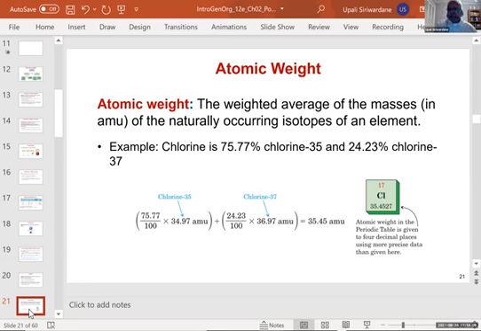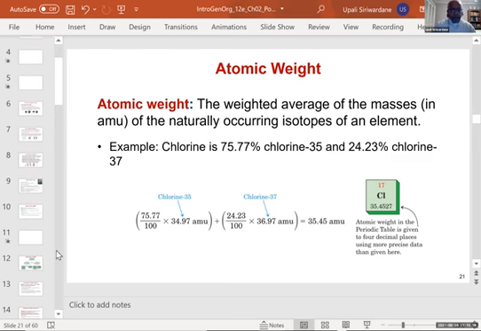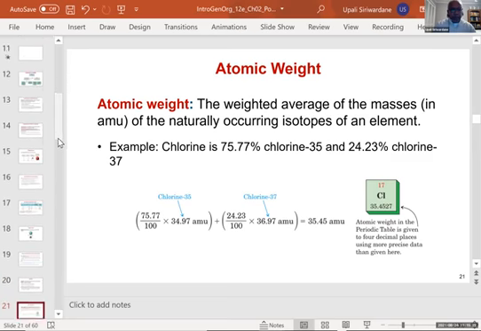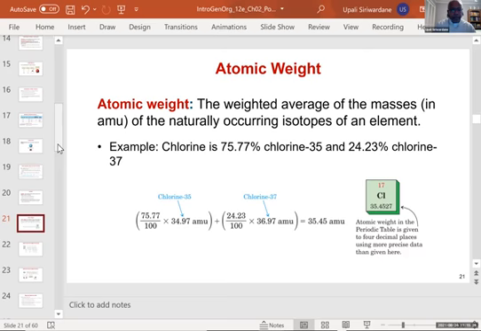So different elements have different atomic masses, atomic weights, based on isotopic distribution. You can calculate if you are given the isotopic mass and natural abundance percentages.